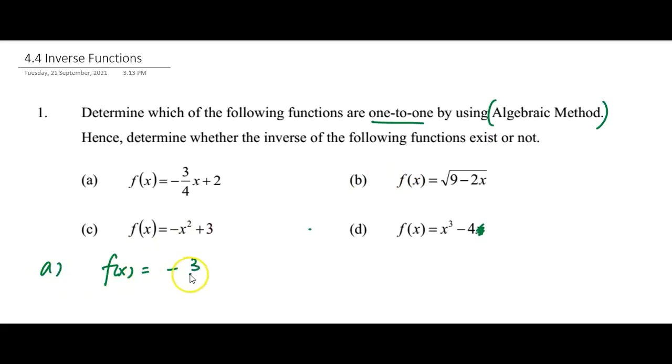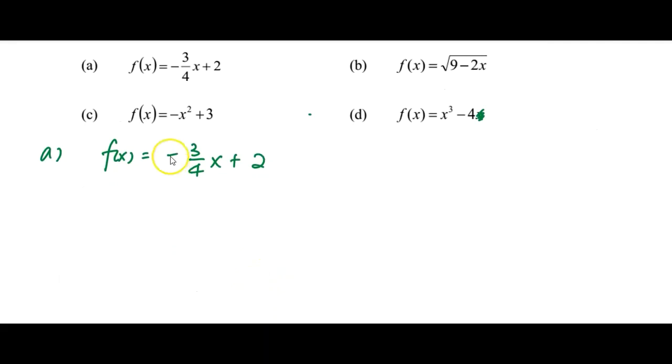f(x) equals negative 3 over 4x plus 2. To use the algebraic method to prove whether this is one-to-one or not one-to-one, we are going to define two variables, x1 and x2, be elements of the domain of f(x). After that, start from the equation f(x1) equals f(x2).